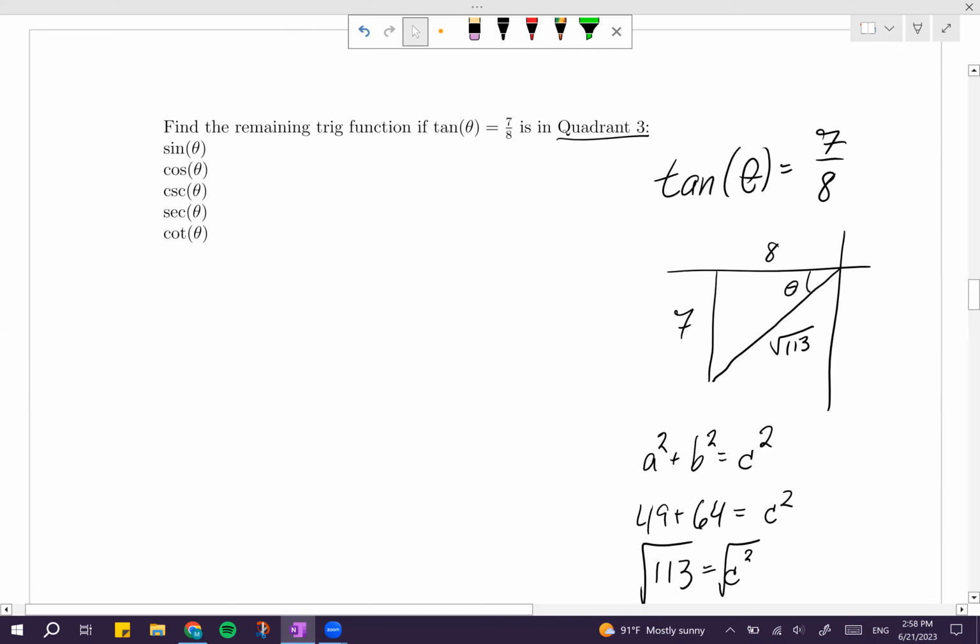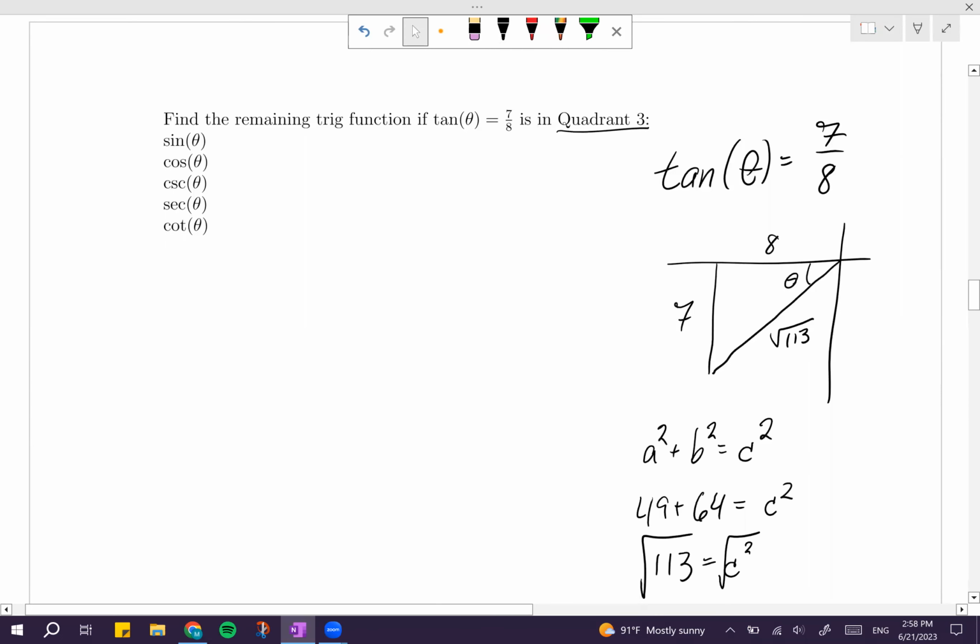All right. Now, because we're in the third quadrant, my sine and cos are negative. This distance here is -8. And going down means it's also -7.